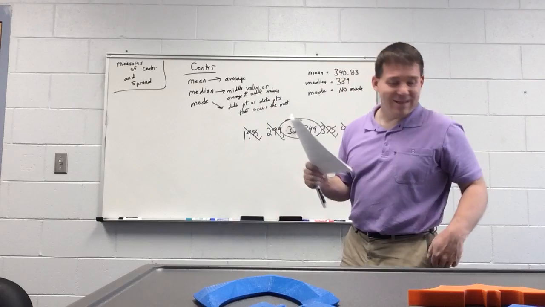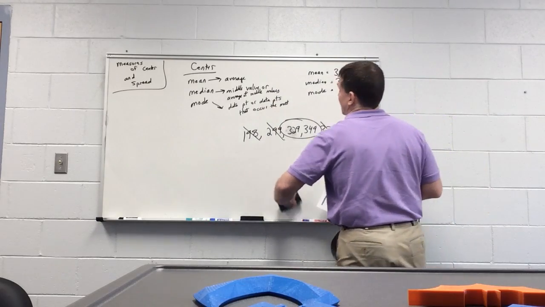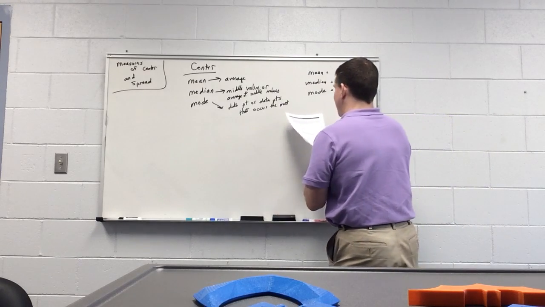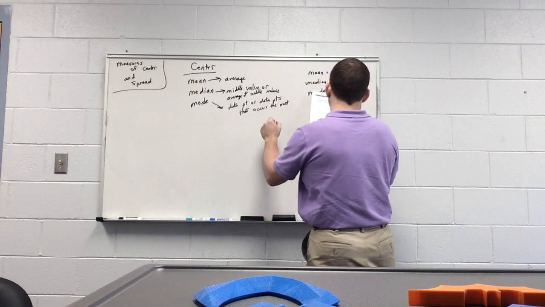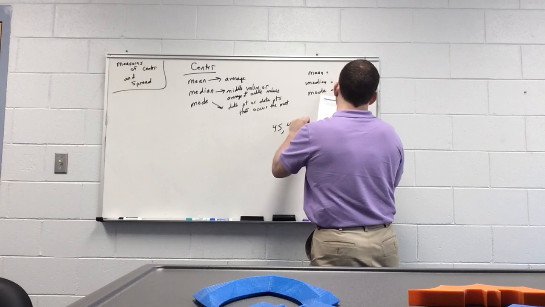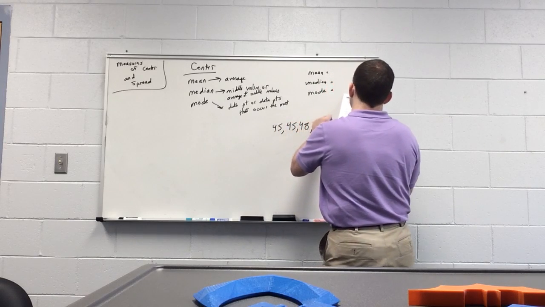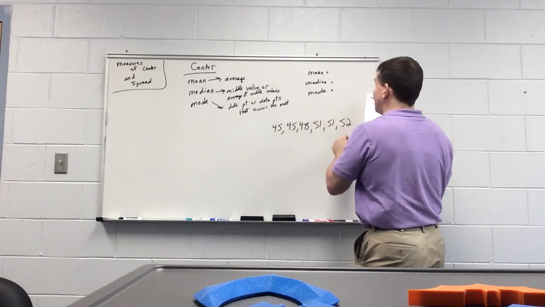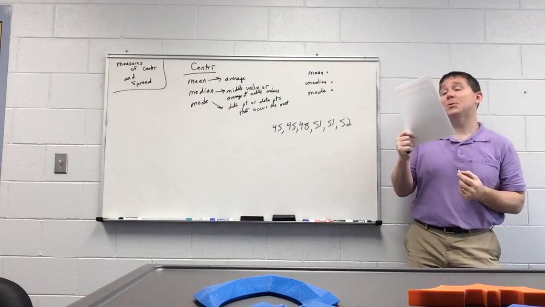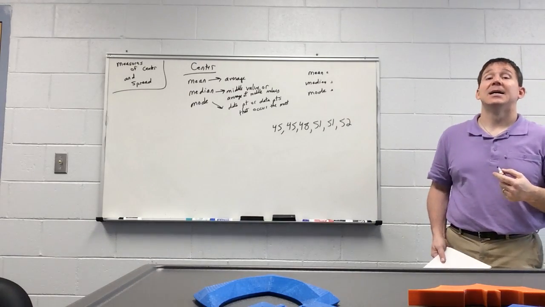During the week, the daily low temperatures were, again, I'll put them in order, 45, 45, 48, 51, 51, 52. Which measure of central tendency would best represent the data?